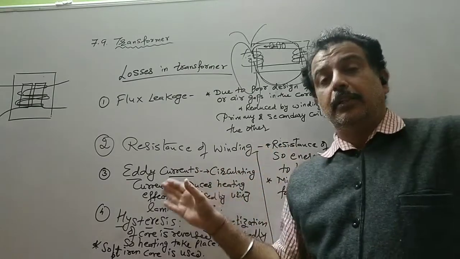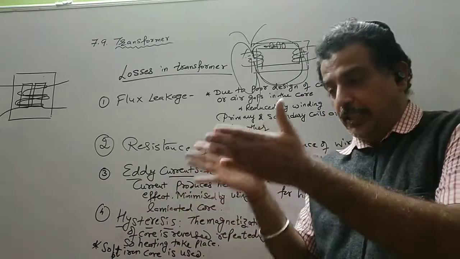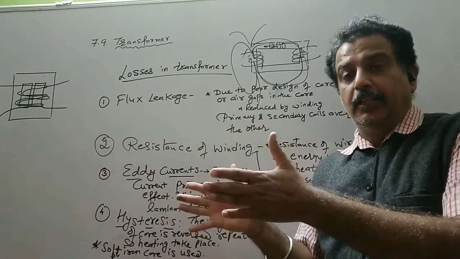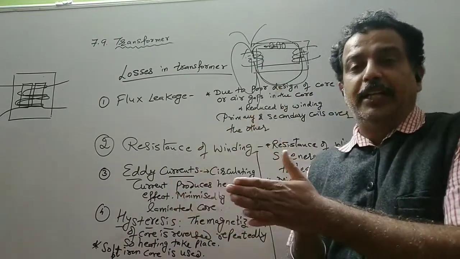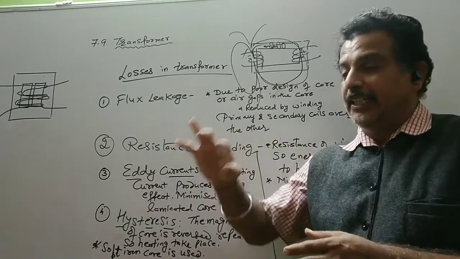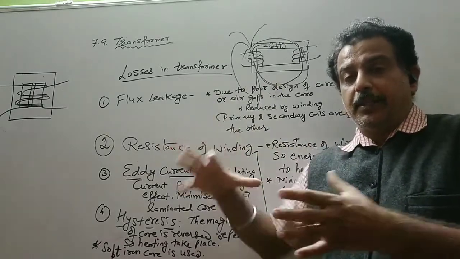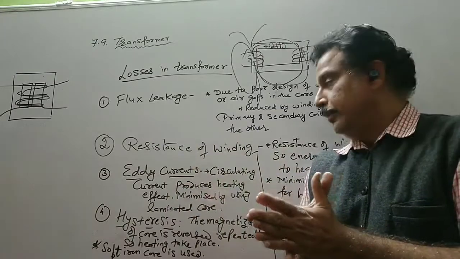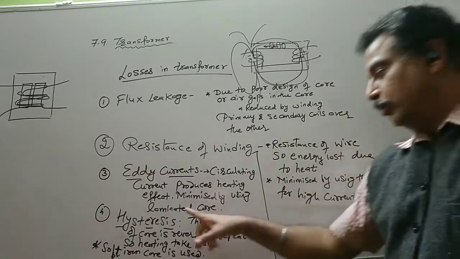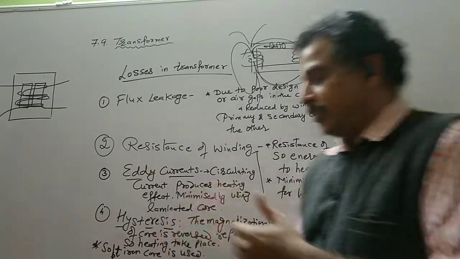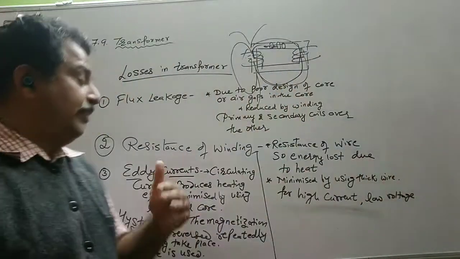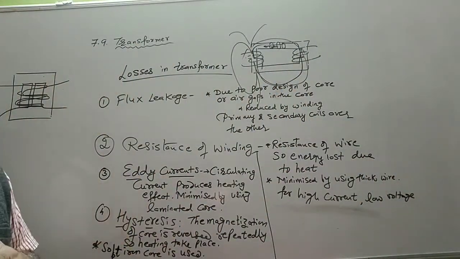For eddy current, between the two soft iron core sheets, we put a laminated sheet so that the eddy current, which is circulatory, does not add up. So it can be minimized by using a laminated core. And hysteresis is a phenomenon of magnetization and demagnetization.